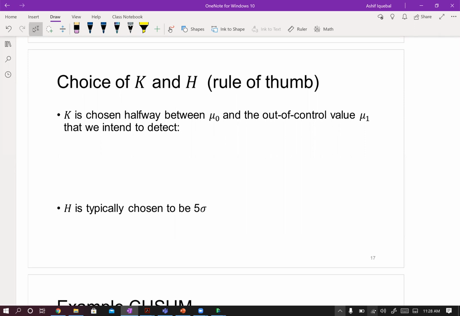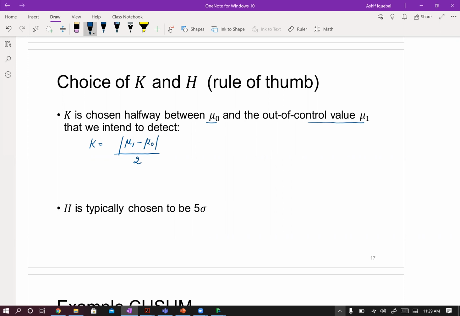So the rule of thumb is to choose K halfway between mu naught and the out of control value mu1. What it means is we want to select K as mu1 minus mu naught divided by 2. Now you might start thinking that in order to find the value of K, I need to know mu1 as well. But in most real world scenarios, you will not have the value of mu1.